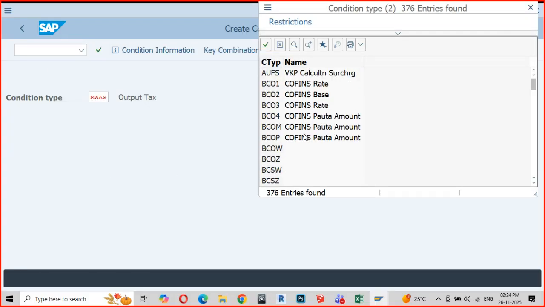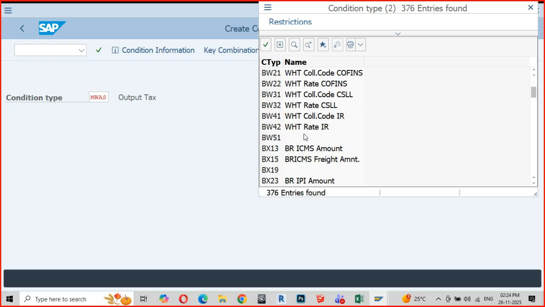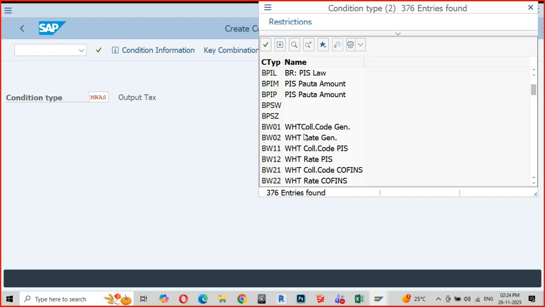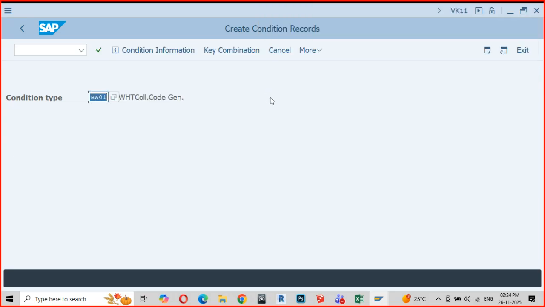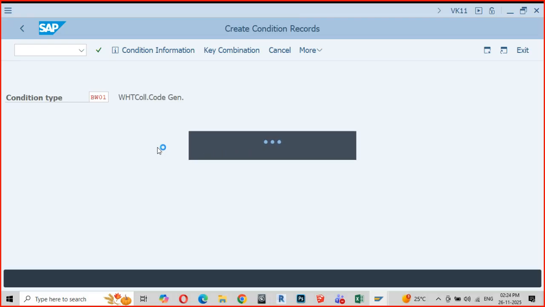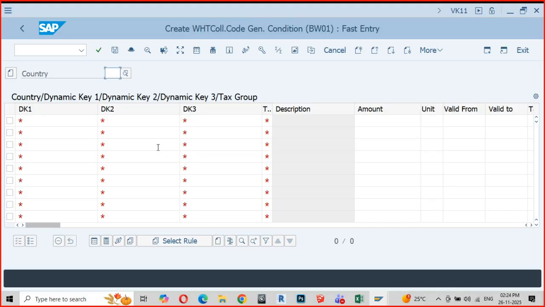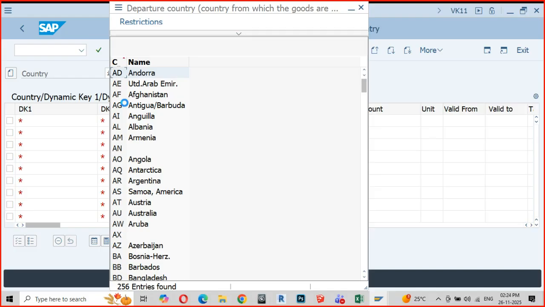So let me pick up. Is there a standard? Okay, I'll simply double click on something. So this is your condition record. Let us see if there is something for the US.